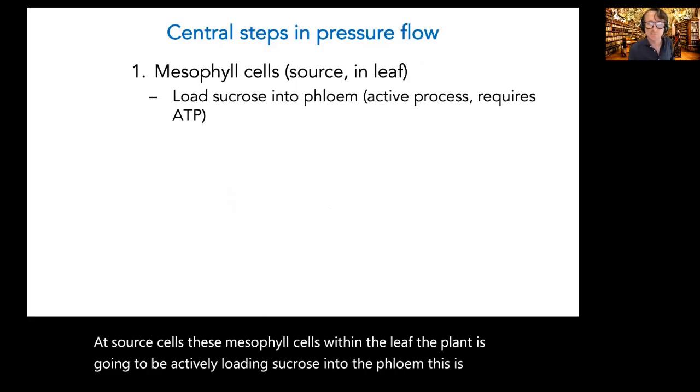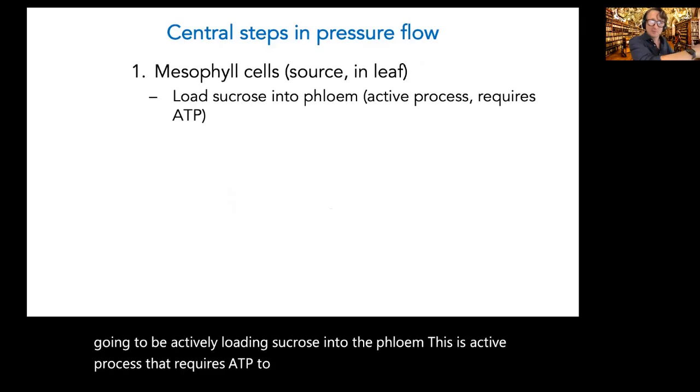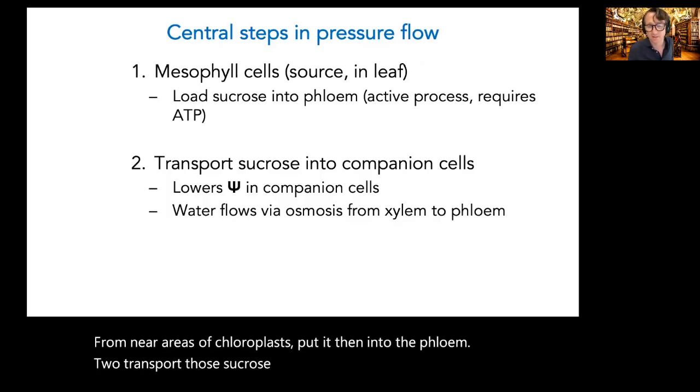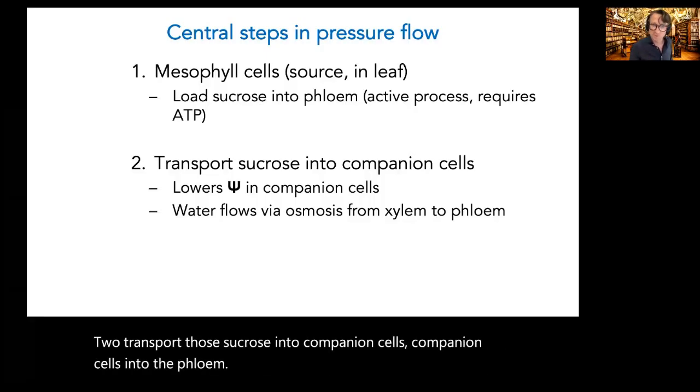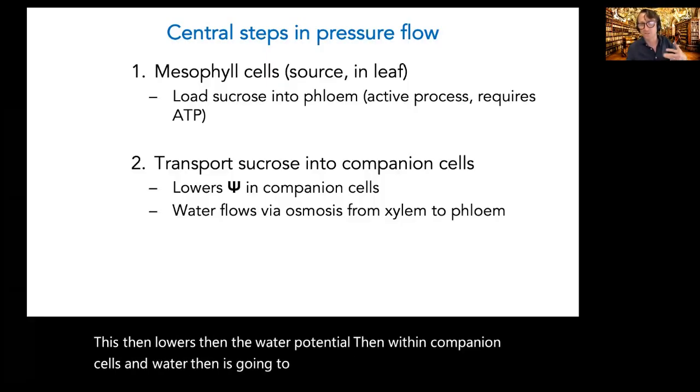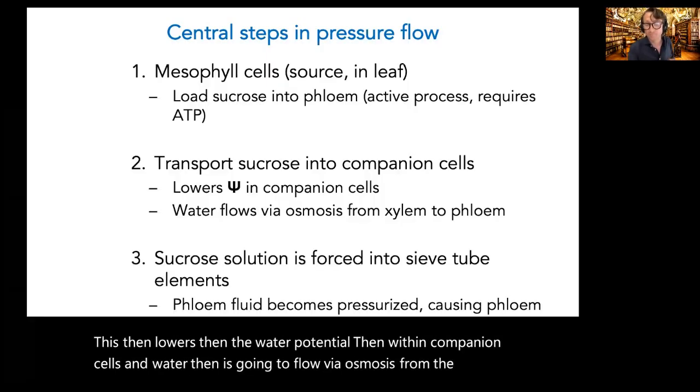It requires ATP to take sugar from near areas of chloroplasts and put it into the phloem. Second, transport those sucrose into companion cells of the phloem. This then lowers the water potential within companion cells, and water is going to flow via osmosis from the xylem into the phloem.